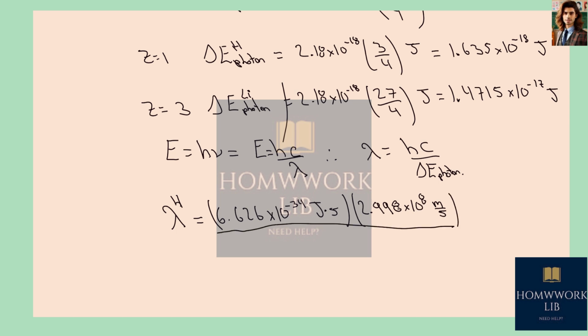And this is going to be divided, in the case of hydrogen, by 1.635 times 10 to the minus 18 joules. And our result for lambda will be 1.215 times 10 to the minus 7 meters.